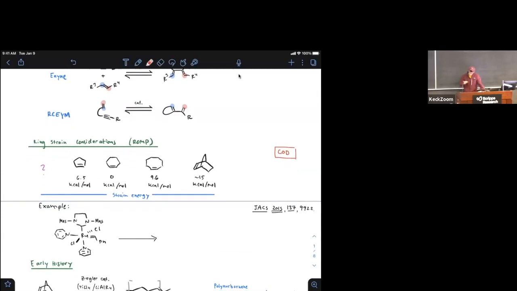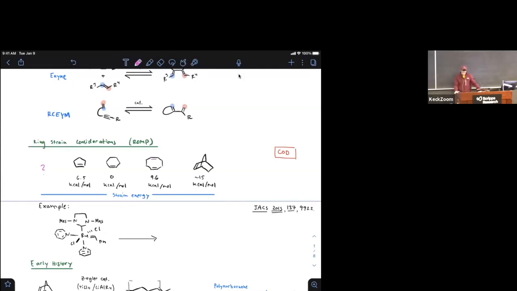Okay, so we talked about ring strain considerations for ROMP, and the upshot here is that you need your monomer to have a reasonable amount of embedded ring strain for ROMP to be efficient. The things that you would normally see in the literature are norbornenes, cyclooctenes, or even better, cyclooctadienes. Those are more strained.